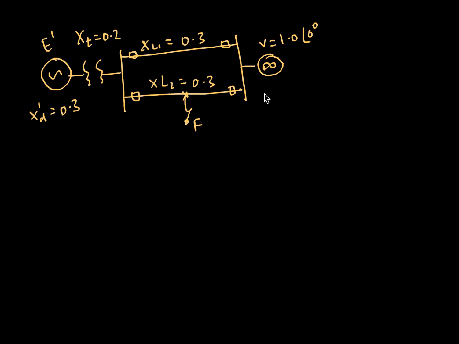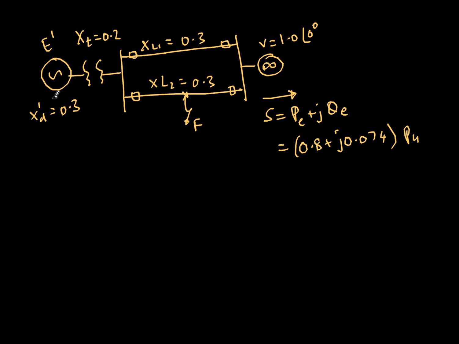It is also given that the complex power, the active power and reactive power, is 0.8 plus j0.074 per unit. So this much of power is being delivered to the infinite bus from the generator through two transmission lines and this transformer and so on.